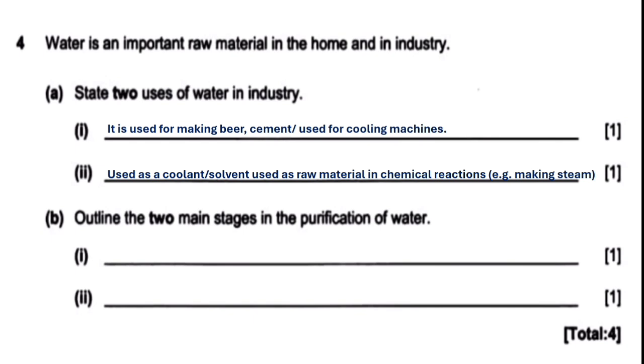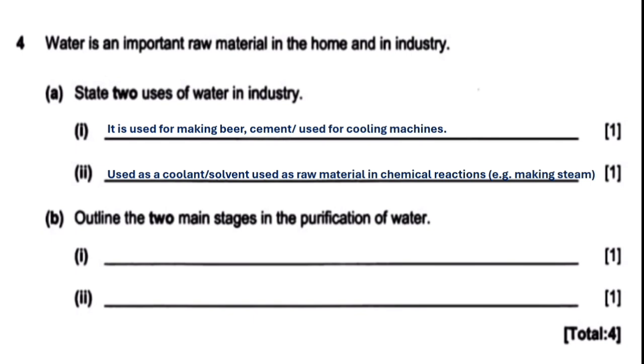Alright, so these are the uses of water. You can just pick two. You can say it is used for making beer and it is used for cooling machines, or it is used as a solvent, or it is used as a raw material in chemical reactions.